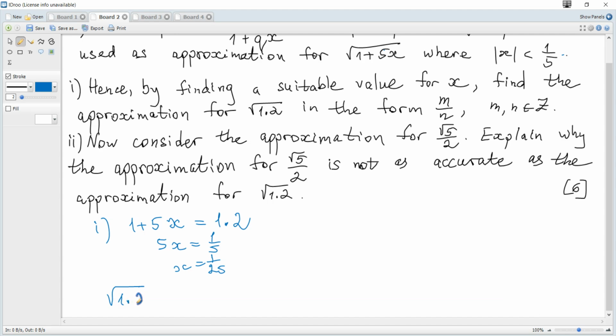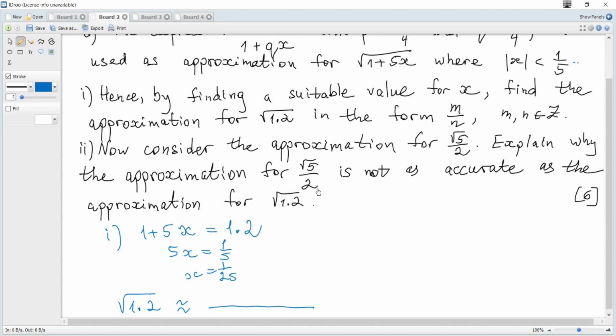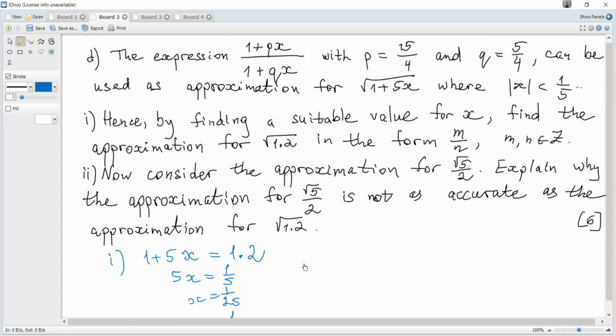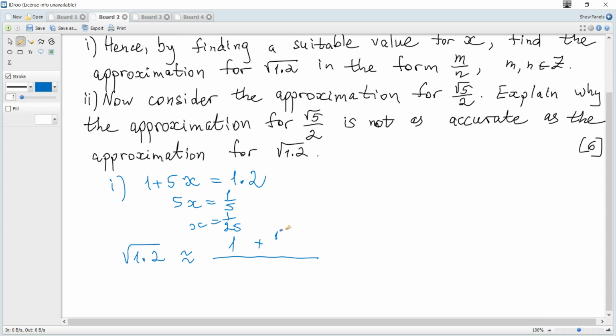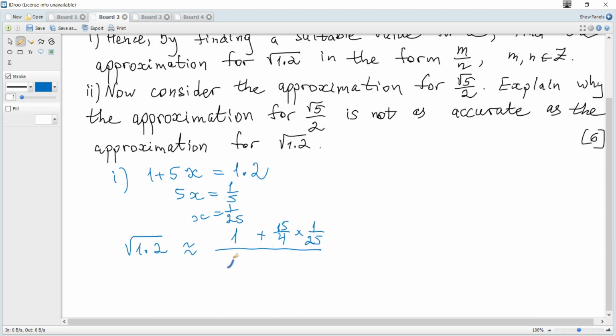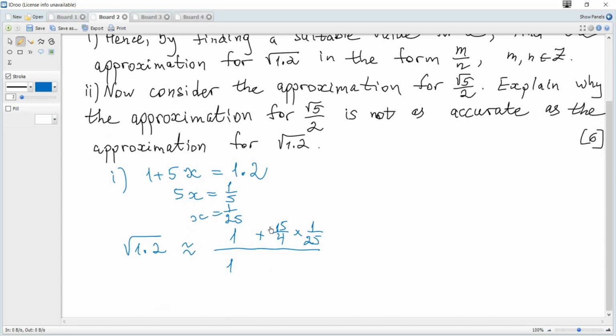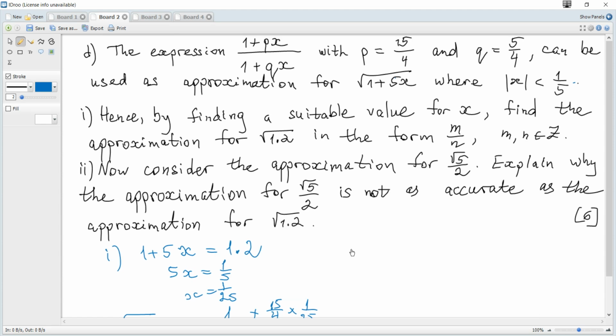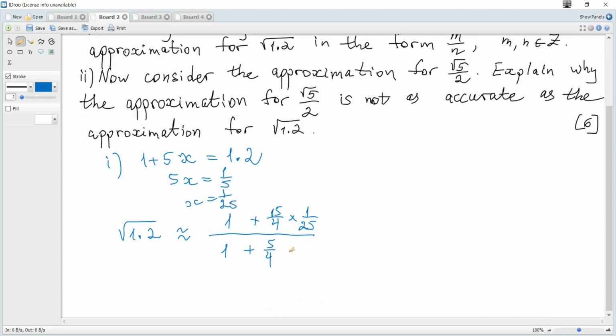And substituting the values for p, q and x into this, we can say that square root of 1.2 approximately equals to this fraction: 1 plus p, 1 over 5 times 4, x, and 1 plus q, 5 over 4, x.